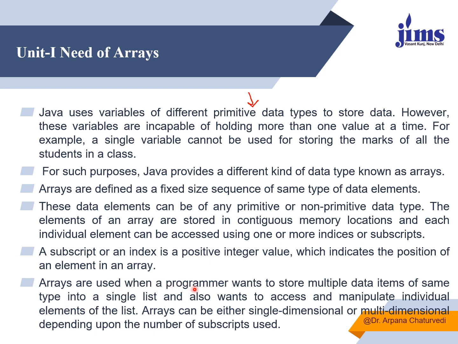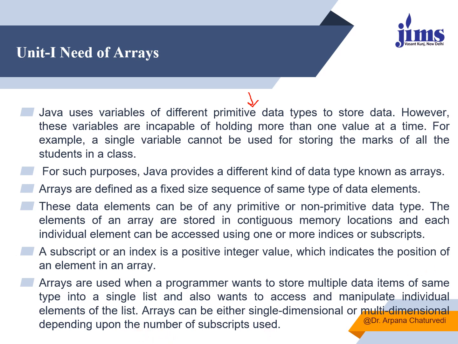Arrays are used when a programmer wants to store multiple data items within the same variable and wants to access them individually to manipulate the values lying in the list, having the same variable name but different index positions.